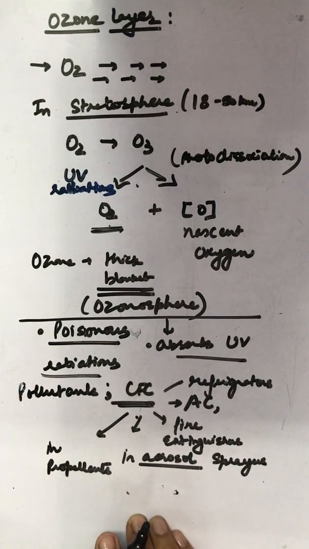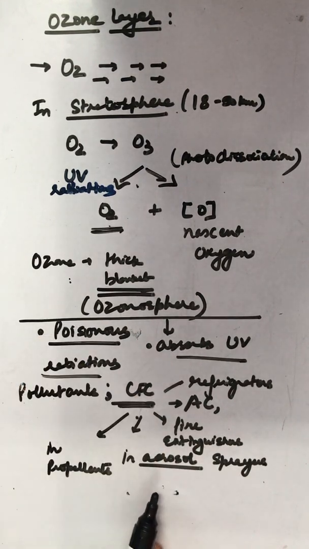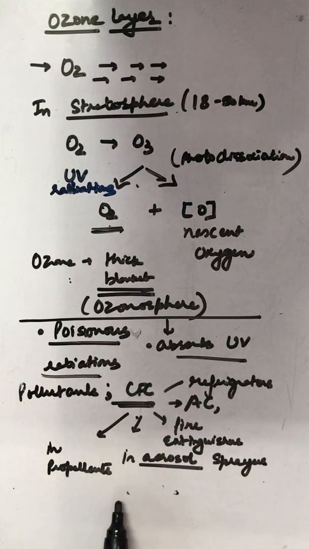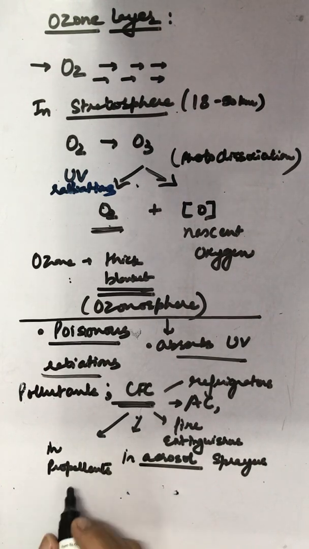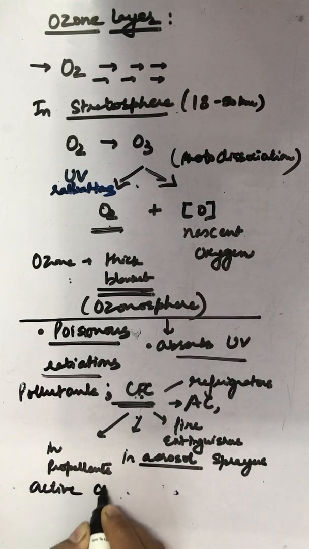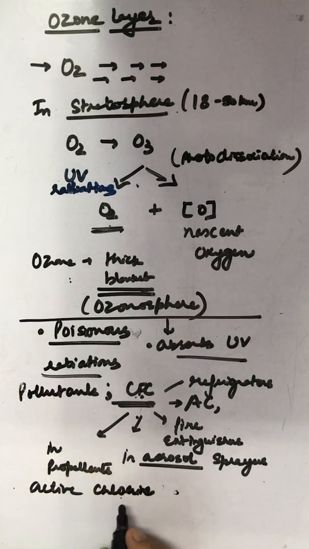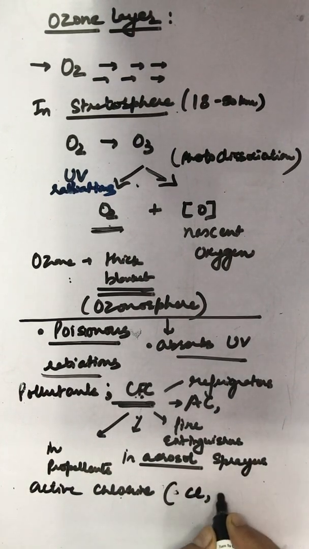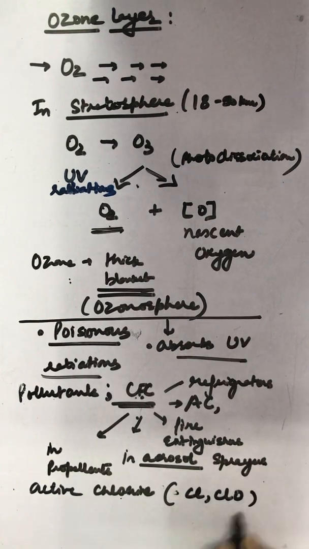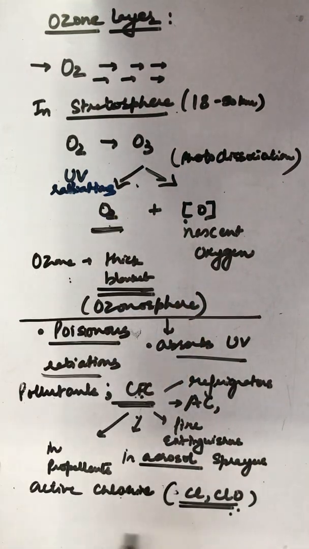And these chlorofluorocarbons are mainly responsible for the depletion of the ozone layer in the atmosphere. These harmful chemicals produce active chlorine and active fluorine, that means Cl and ClO radicals. These have a tendency to attract the nascent oxygen, leaving behind molecular oxygen.